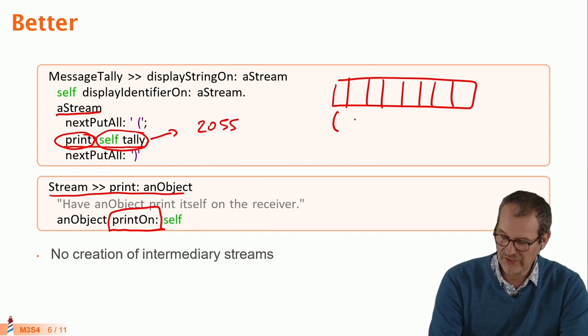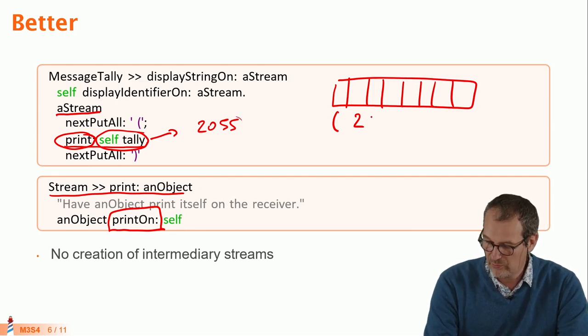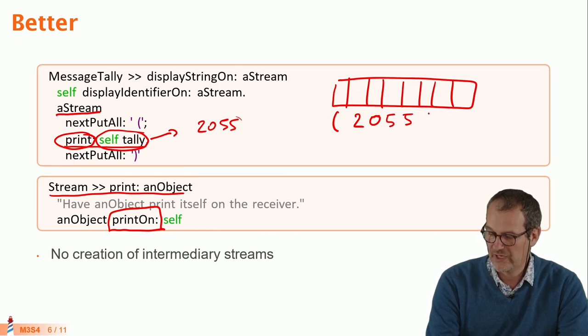So suddenly I will just put the character. The object returned by space tally, which is a number, will just execute its own method and put one by one the characters and close.